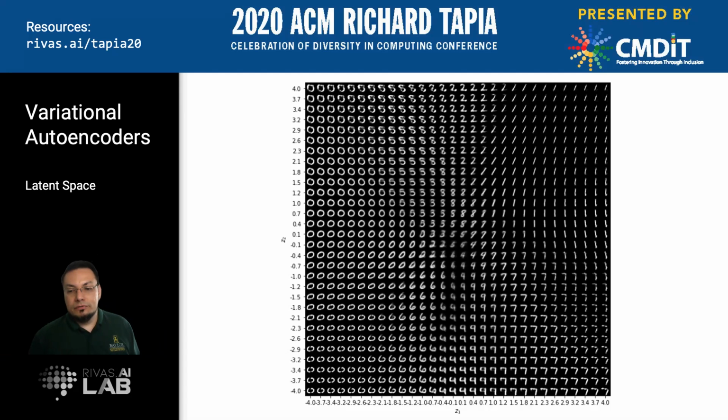So if I go from -4 to +4 in Z1, and I stay at 4 in Z2, this 0 changes to an 8, to a number 2, and to a 1. And if I go downward, that 1 becomes a 7. If I go left, that 7 becomes a 4 or a 9, then a 4, then a 6, and then a 0.